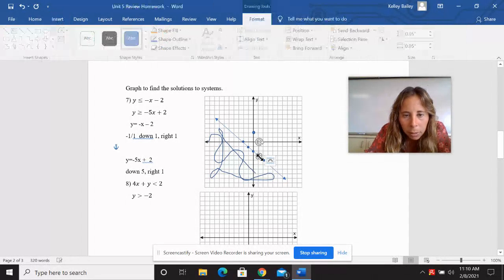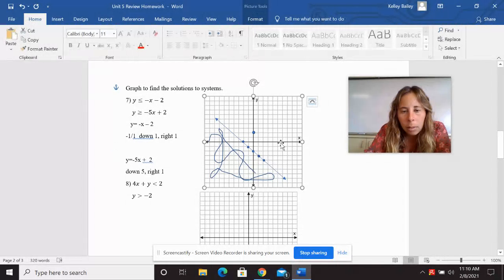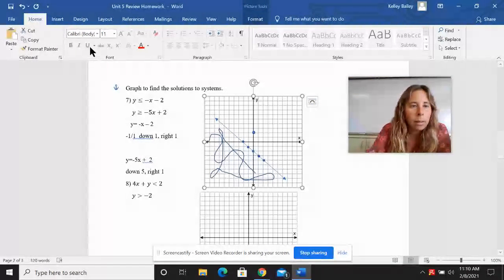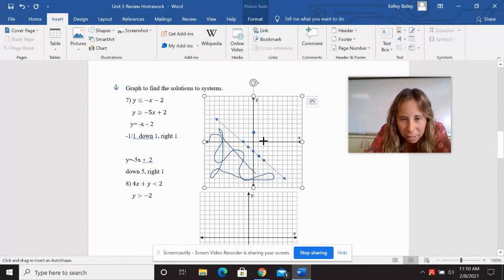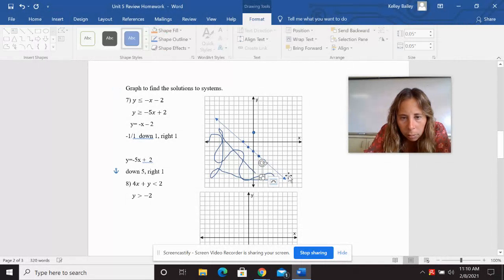Okay, well, they intersect right there. We'll go ahead and do that one more time. We're going to go down 5. Insert circle or oval, whatever it is. So here we are. We're going to go down 5. 1, 2, 3, 4, 5. Right 1. So it should be right there.